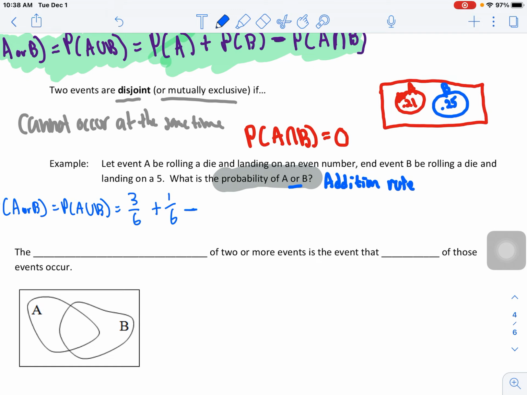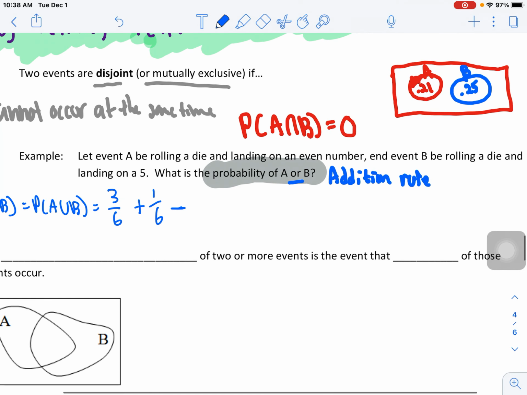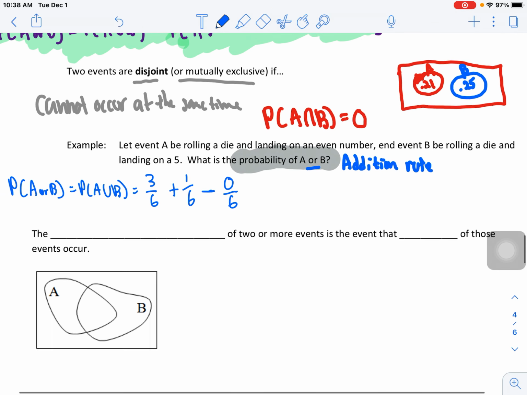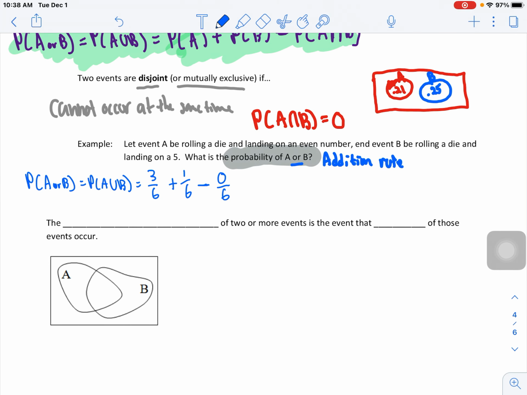Well, we can't do that because 5 is an odd number. So the probability of rolling an even number and it being a 5 is 0. 0 out of 6. It's not possible. They're actually mutually exclusive. So if I add my probability of event A, add my probability of event B, subtract the intersection, we get 4 out of 6.